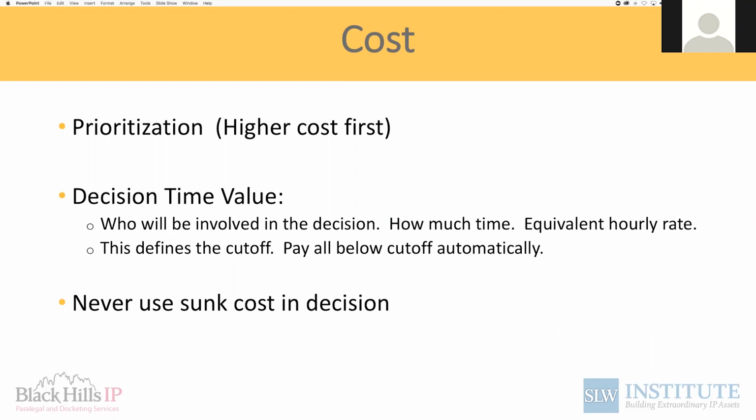And then, as long as we are talking about costs, I always like to touch on sunk costs. Some patent docketing systems and invoicing systems are really good at tracking patent spend.